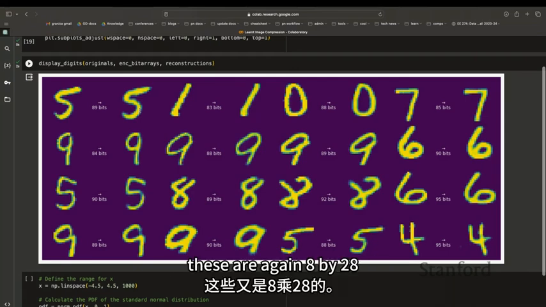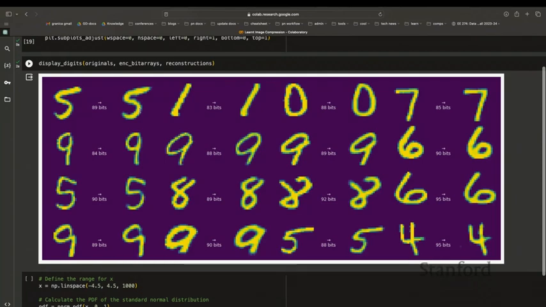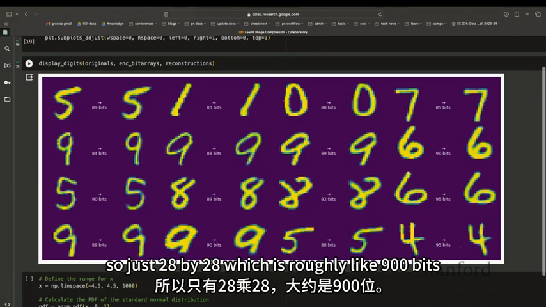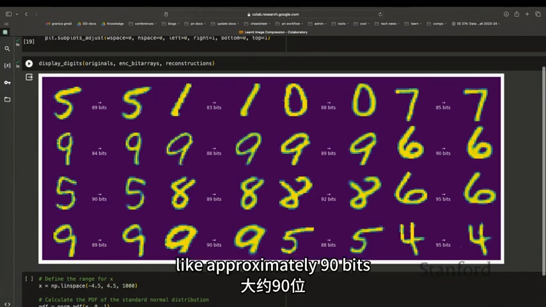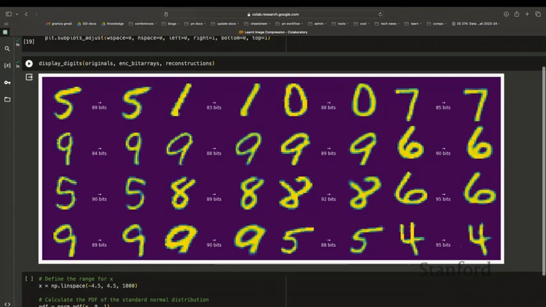These are again 28 by 28 black and white images, which is roughly 900 bits, and we have come up with a learned compressor using approximately 90 bits which reconstructs most images like the original. So pretty cool, right?